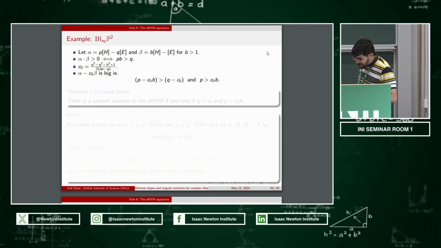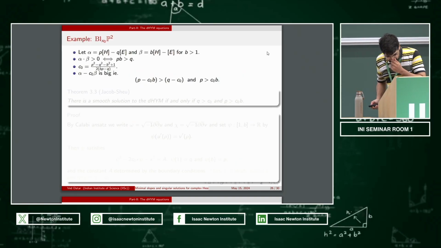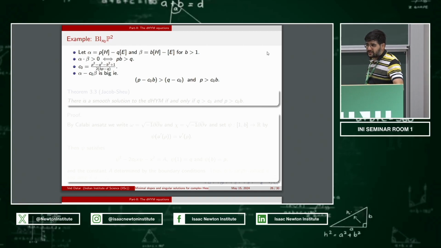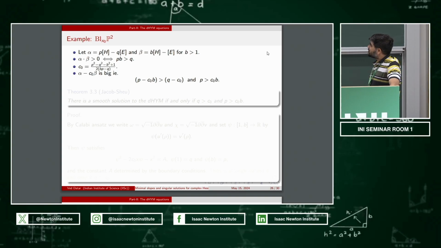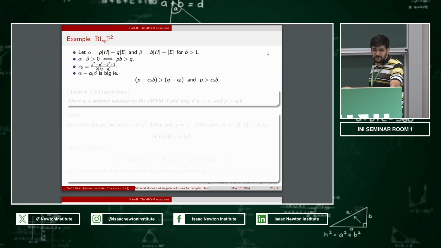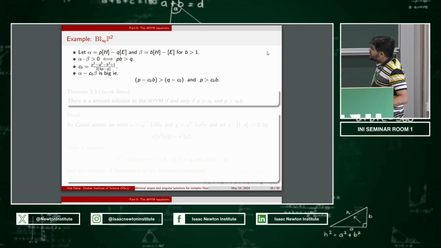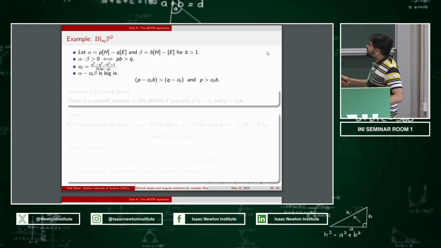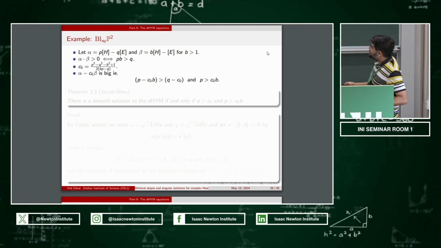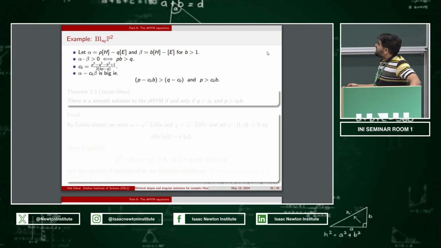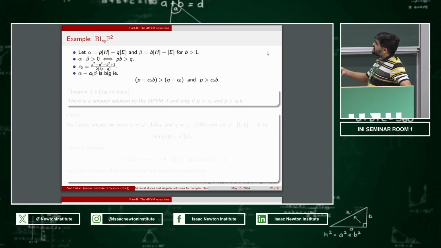So maybe let me end by talking a little bit about convergence of one of the flows to this limiting solution. Before that, let me again talk about this very simple example of the blow up of P2. Here again, everything is very explicit. You assume that your class alpha is given by P times H minus Q times E. It need not be Kähler, and beta is given by that, where B is bigger than 1.